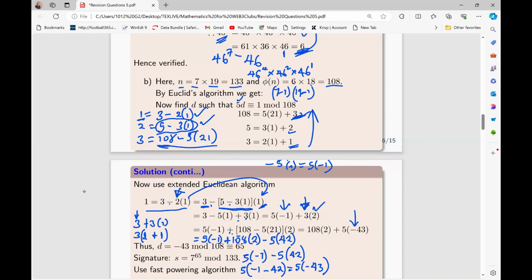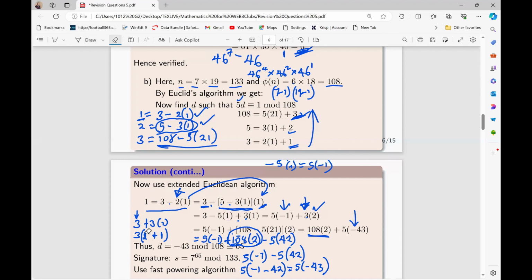This other one just remains the way it is. 108 times 2. What we were looking for was D. And what is D?